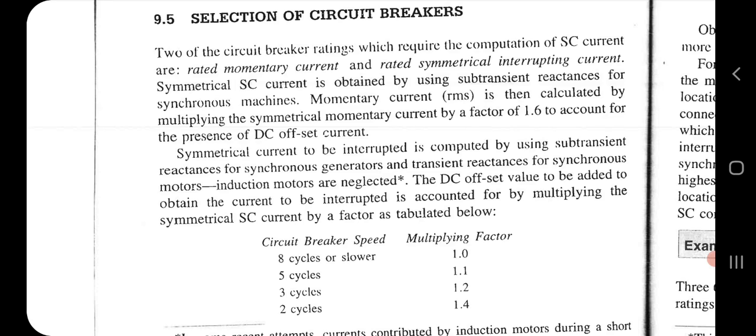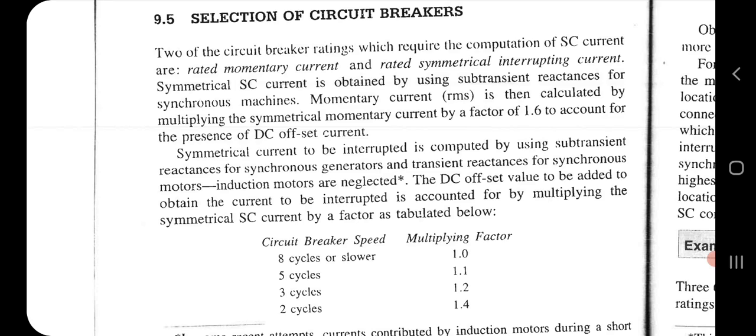When we calculate, subtransient reactance gives the highest or maximum value of the current, the amplitude we are going to obtain. The symmetric SC current is obtained from the subtransient, and the momentary current is obtained by multiplying by a factor of 1.6.